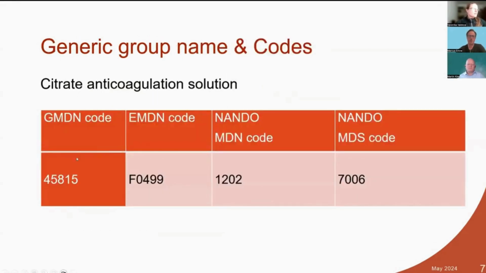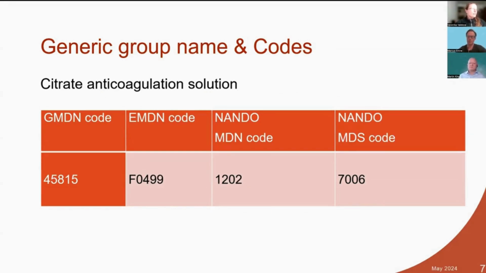With the codes, that's the part that is very important for linking the correct products. So this is the part that will be essential when we look into how the back end functions, and the GMDN term is what I would be using for searches.